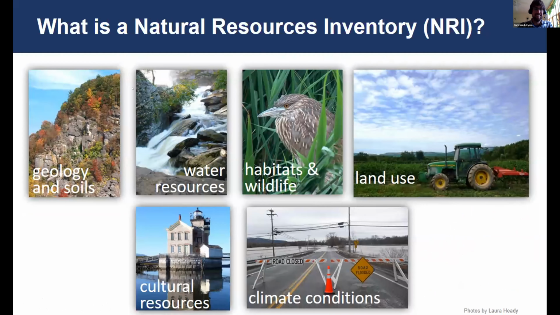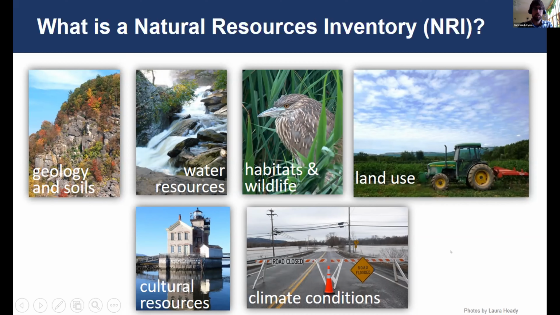I've talked enough about the importance of NRIs, but what is it actually? It's really, as I said before, an amalgamation of all the known information that a community has on things like geology, water resources, habitat, agriculture, cultural resources, climate change, really anything that has to do with the landscape and natural resources, though as you can see here, cultural resources sometimes come into play.